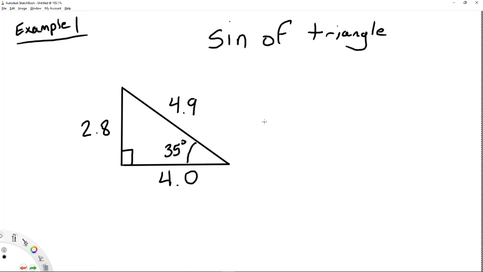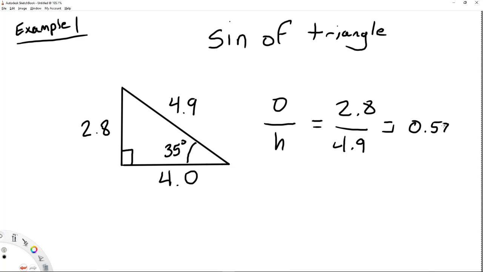Since we want to find sine, we would have to use opposite divided by hypotenuse. And since we know these values, we could just input them in. And so we would get 2.8 divided by 4.9, and that would equal about 0.57. So basically 0.57 is the sine of 35 degrees.